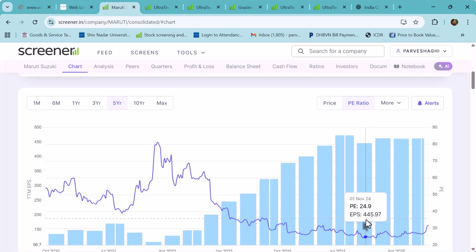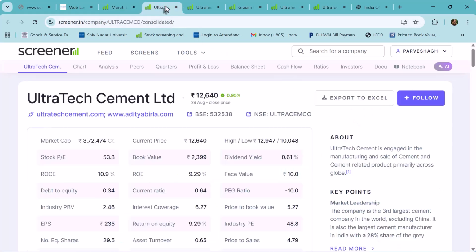But if you look at it, the P ratio has suddenly jumped almost to 31 from a level of say 26. Okay, so the P ratio has gone up in the last few days, because the company is going to do well. Okay, now coming back to HUL. Okay, sorry, Ultratech. So the P ratio, the PEG ratio.